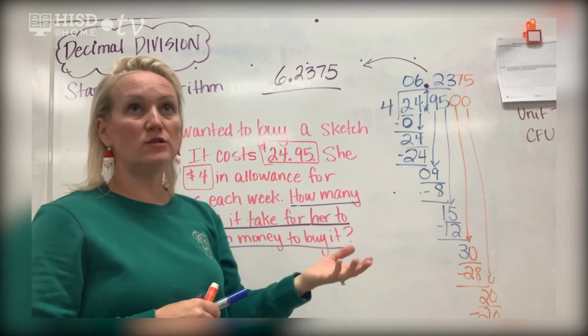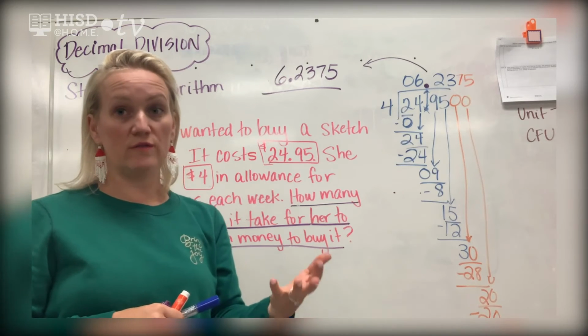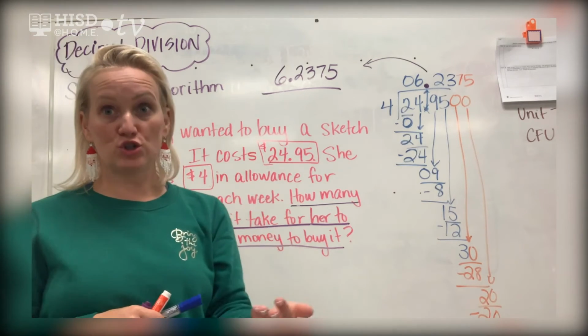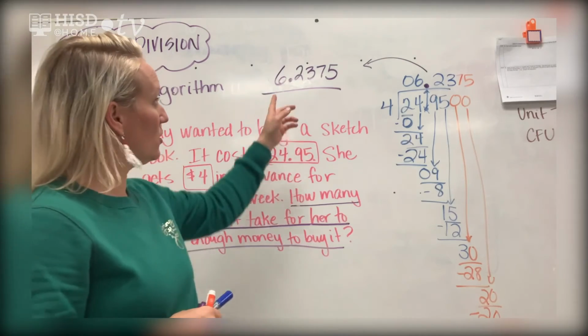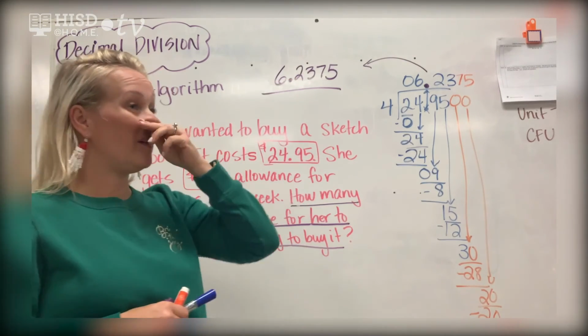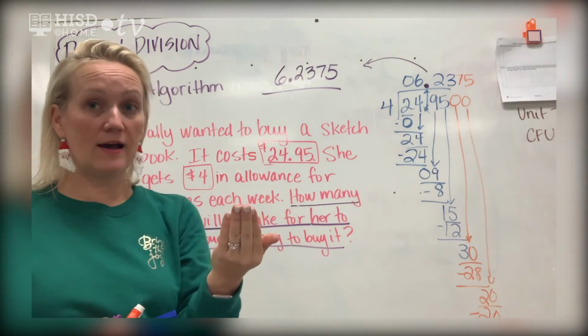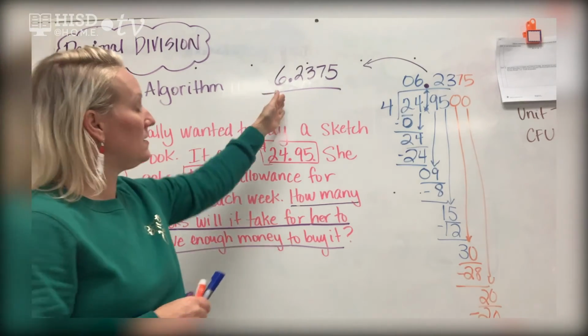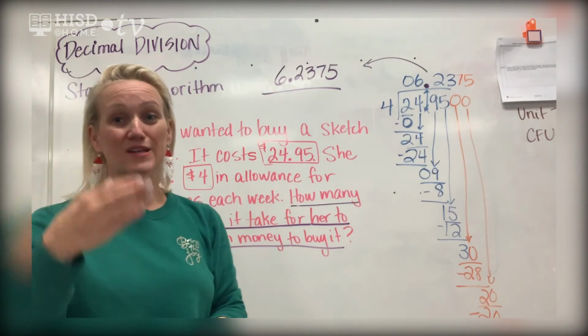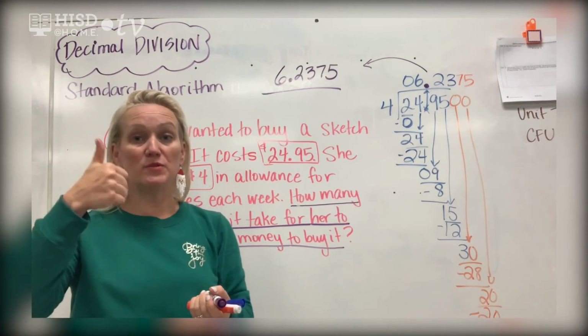So wouldn't she need to do an extra week's worth of chores to make sure she had enough money? So if I have 6 and some time in weeks, I need to think about this as rounding up to the next week.